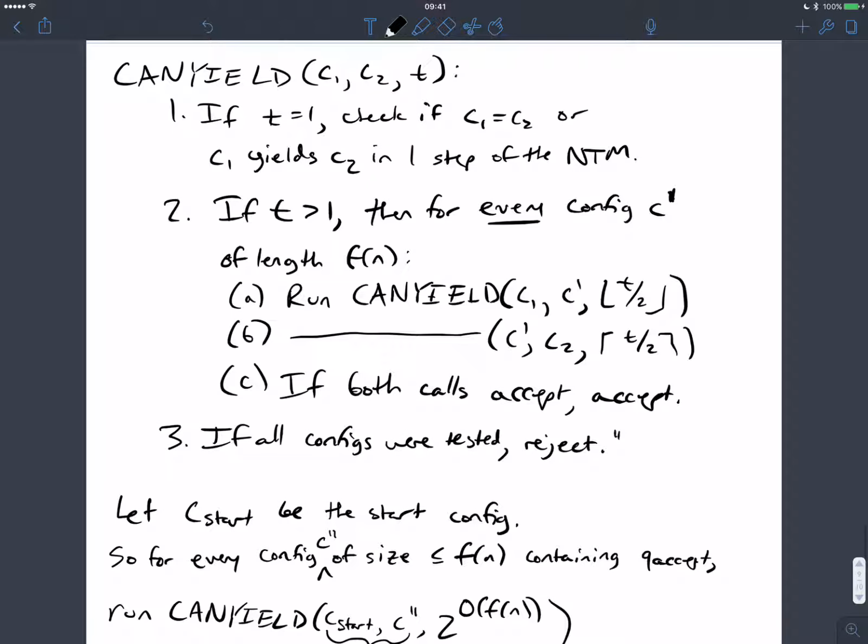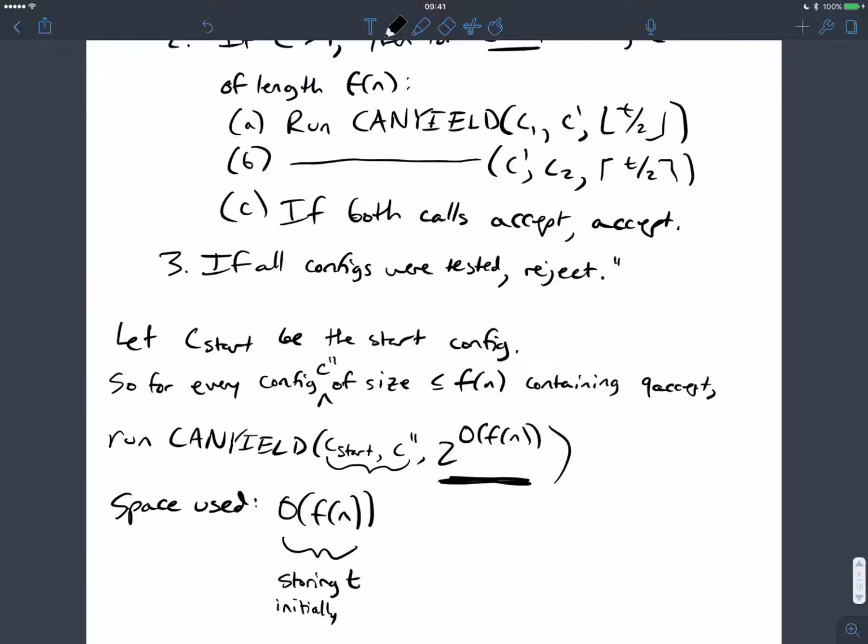Well, for CANYIELD, we may have a chain of things that happen. I will do halfway through. So from the start to the ending one, I look halfway through. But then I've got to look from the halfway point, store it there, and look halfway there, then look halfway there, and so on. So in general, whatever I had to start with, I may multiply by the log of the total amount of time.